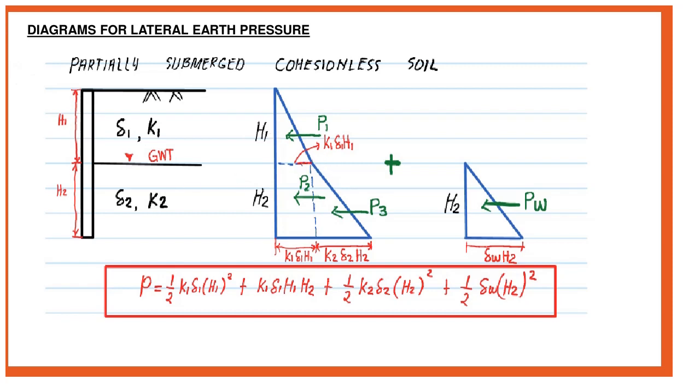So, meron tayong either pa ganito na ang value natin is, so let's say meron tayong pa ganito na yung value natin dito, ganyan dapat yan. So, yung value natin dito is K sub 2 times the unit weight 1 H1.